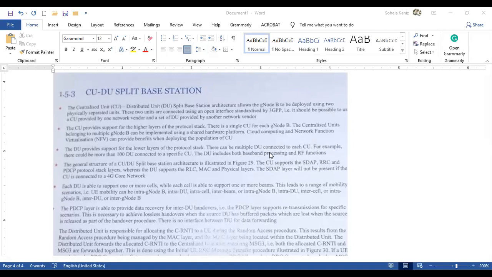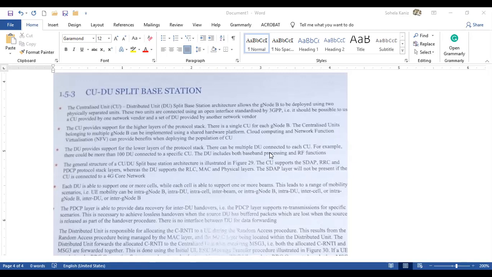In the case of 3G also, the complete lower layers were split into base station and RNC. We discussed that there is an intermediate node called RNC in 3G. So the RLC layer and PDCP were implemented in the RNC.